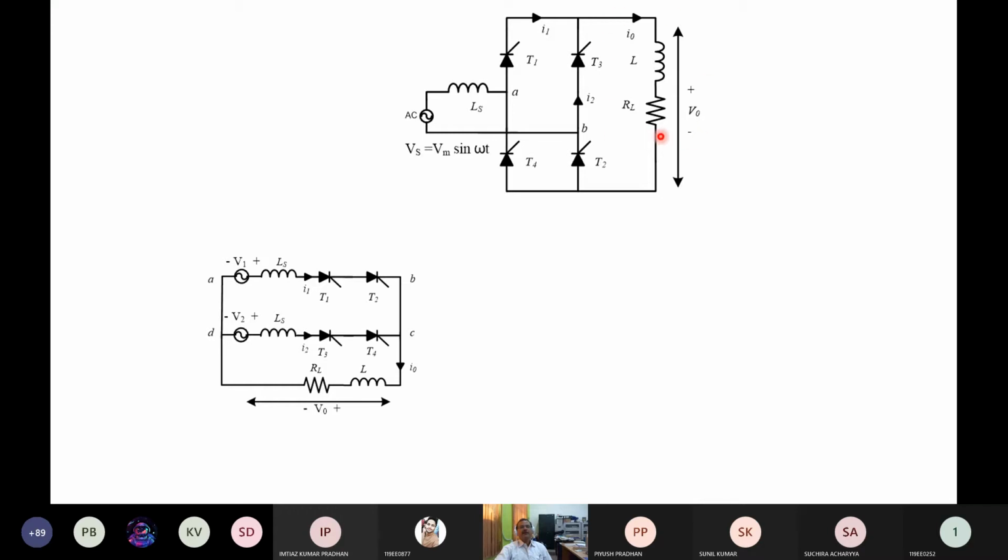And the load is assumed to be very highly inductive, because the current is assumed to be ripple free and constant, for simplicity. Otherwise, it will be very difficult to analyze. More ripples will be there.